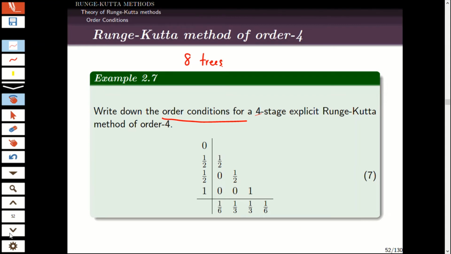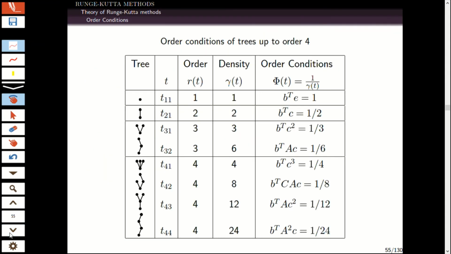Okay, let's move on now. This is the order condition for up to 4 trees. I've shown you until here. So this is how you write the order condition for a tree with 4 vertices.